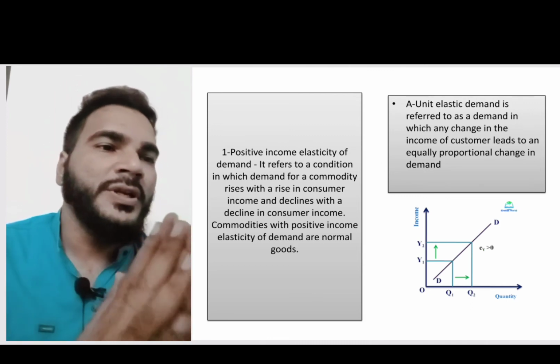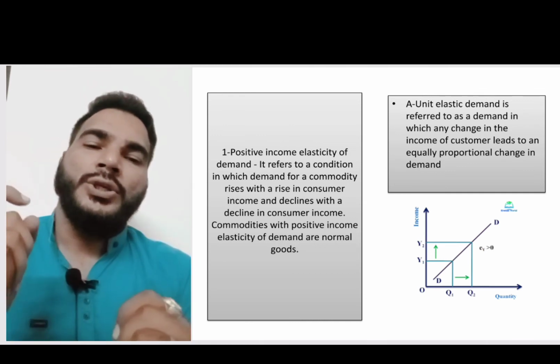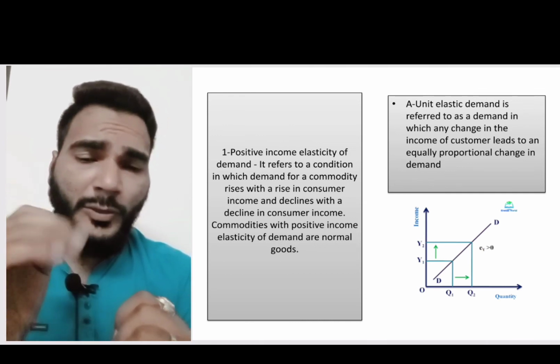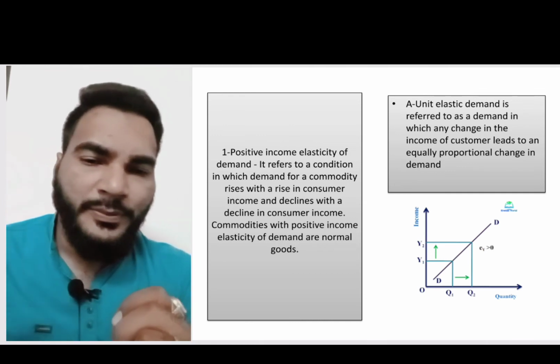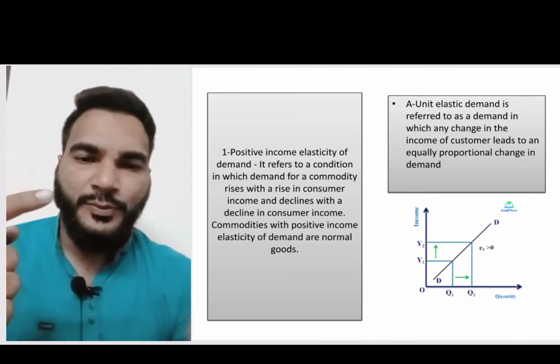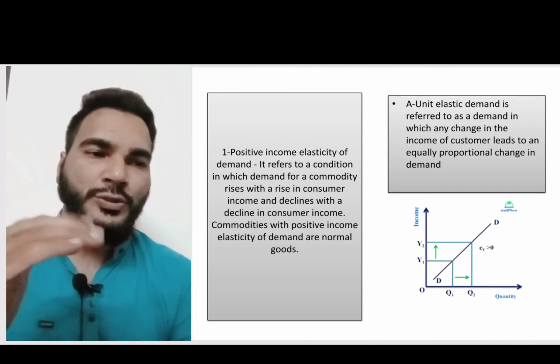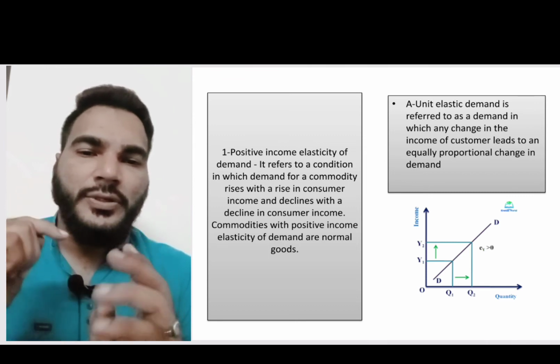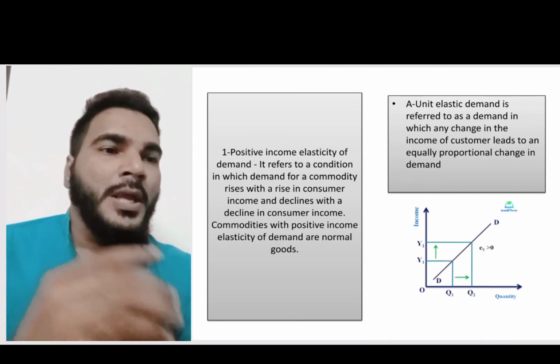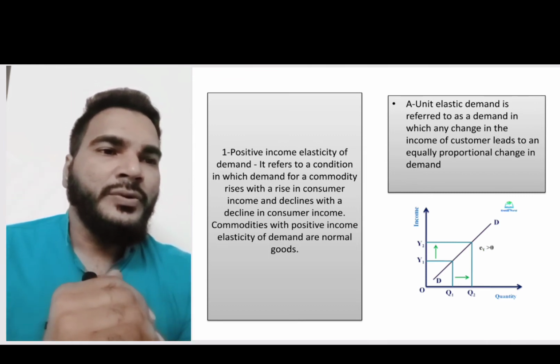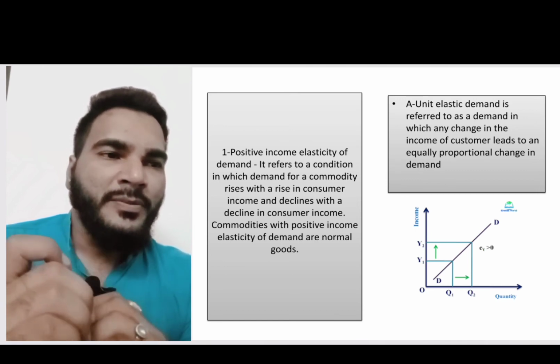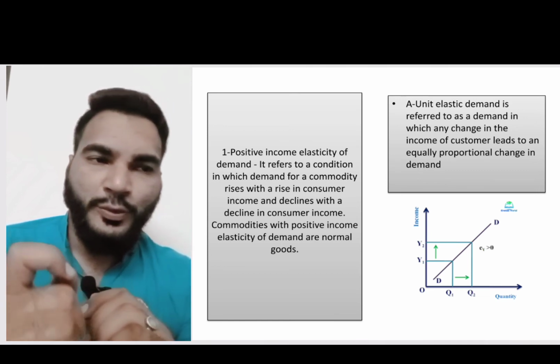Then we have unit elastic demand. Here, if your income increased by 30% and in the same way your demand also increased by 30%, these are the same, and that is called unit elasticity of demand. Unit elastic demand refers to a demand in which a change in the income of the consumer leads to an equal proportion change in demand.